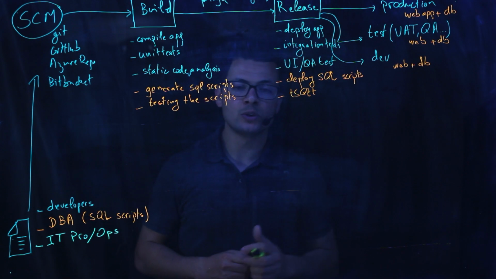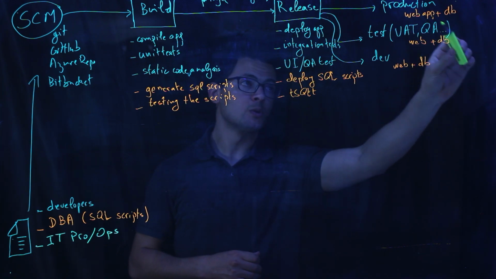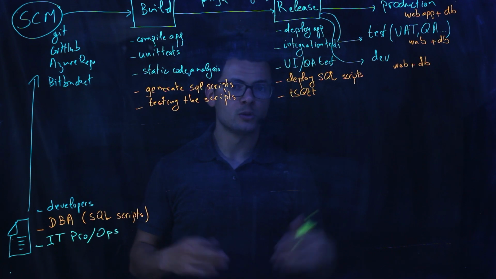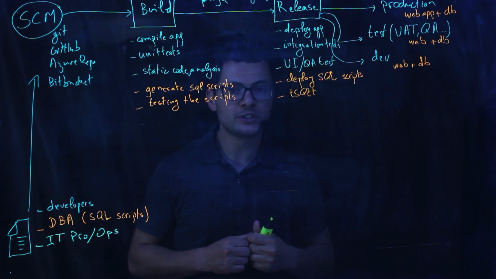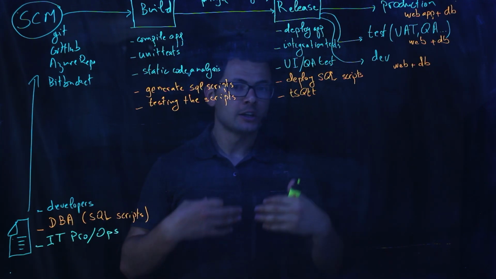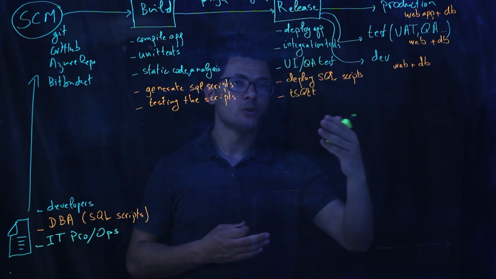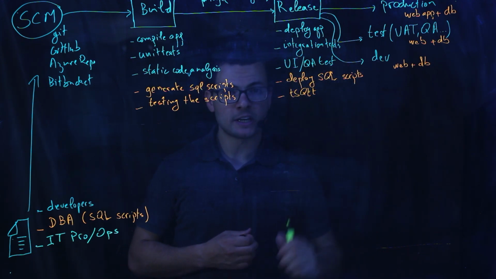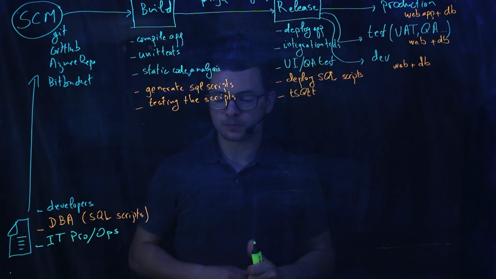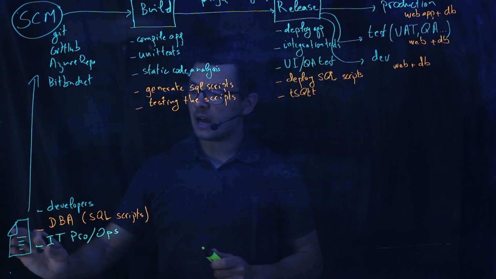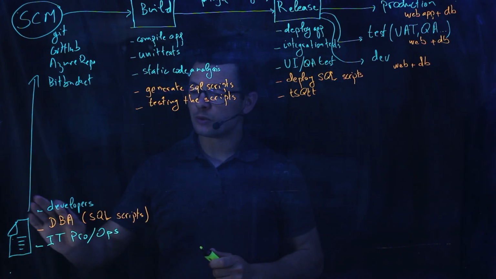The IT Pro will care about the infrastructure that will run the application. They will care about this web app, the database, and maybe if I'm using some other components, the load balancers, virtual machines. So they will care about provisioning those resources, and they will make sure that the app will fit inside the created infrastructure. So the IT Pro, as the developers and the DBA, they'll have their own source code files.